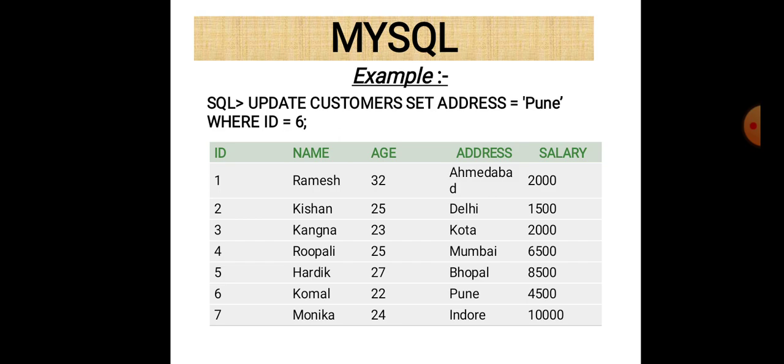But if you want to change a particular record, for that purpose you should use the where clause. In the where clause, if we mention a specific condition, that condition is applied to a particular record or a group of records only, and only that group of records will be changed. Otherwise all values will be changed if we don't use the where condition with the update command.